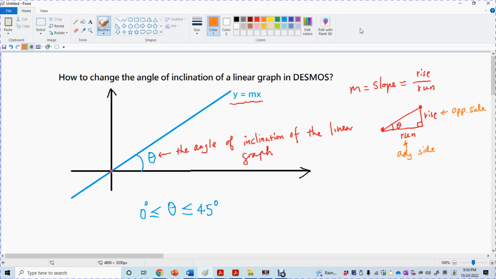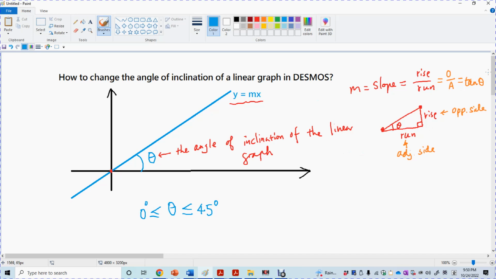So rise over run can also mean opposite side over adjacent, so that means it's tan theta. That's why we should know the slope can be represented by tan theta, with theta equal to the angle of inclination of the line.